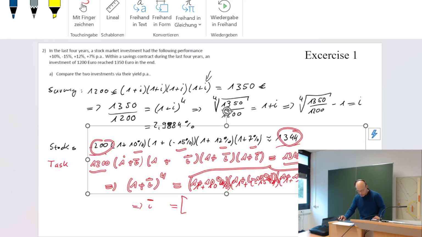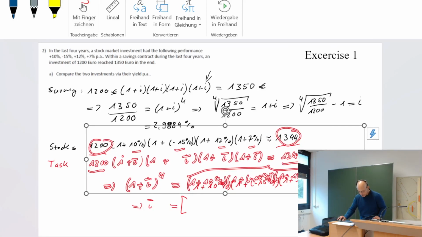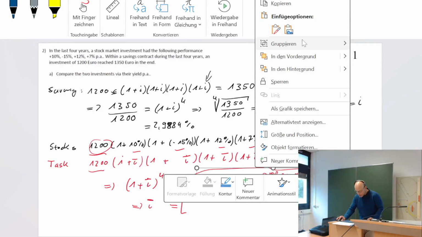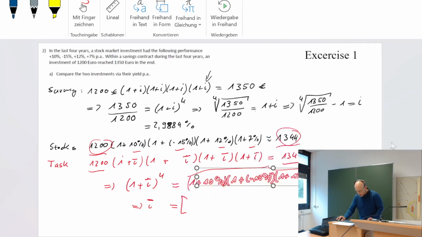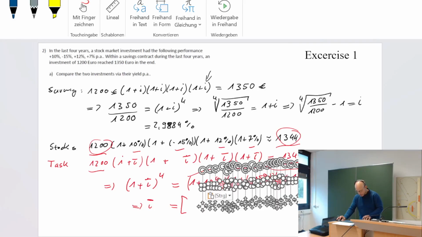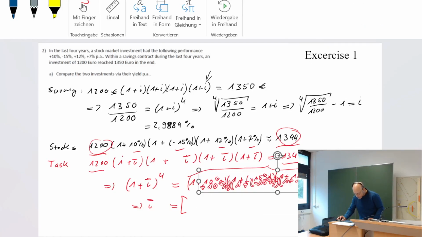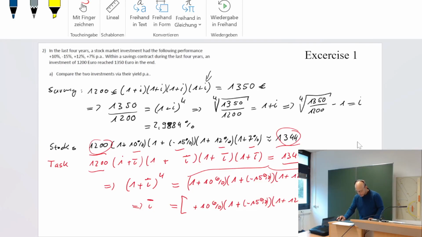Okay, then back again. So then group this. No, this is grouped already. Good. So this I have to group. Yep. And now I can move it down here.